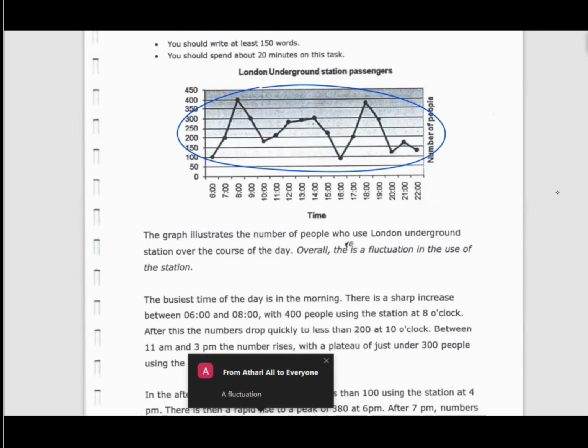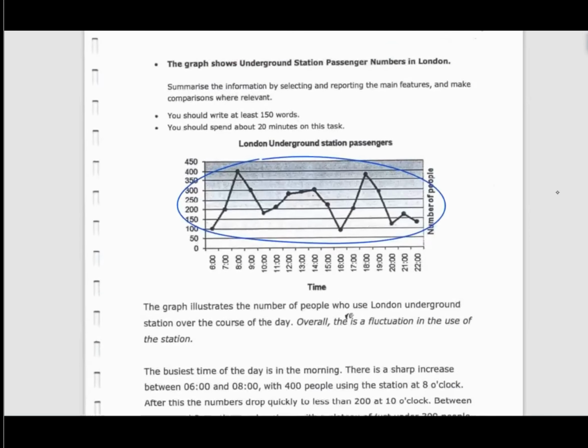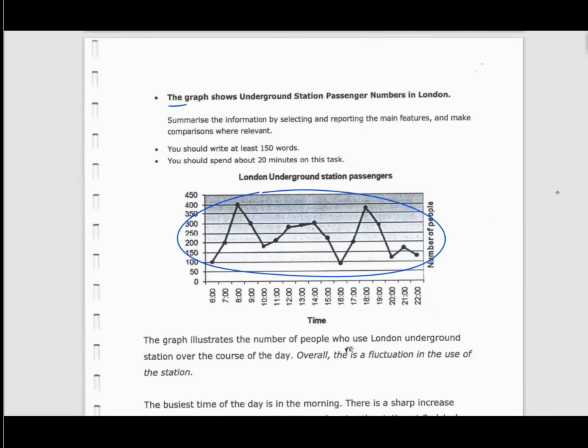Yes. A fluctuation, yes. Okay, very clear. A fluctuation. So this is what you put in your mind. In the overview sentence, I will show the trend as a fluctuation. Okay, so from the first glance, from the first look at the drawing, you can decide what is the trend for the overview sentence. Now, read the question here.